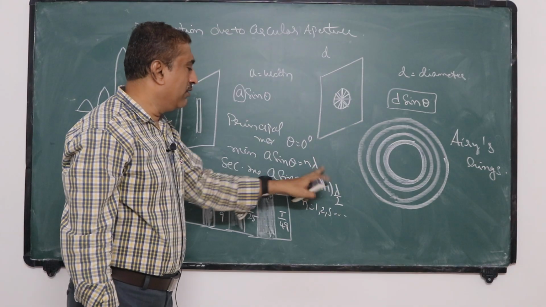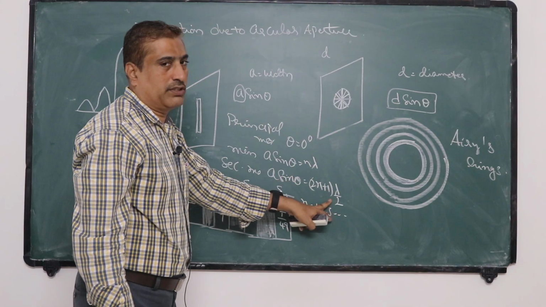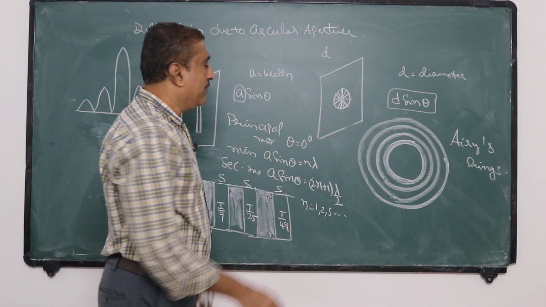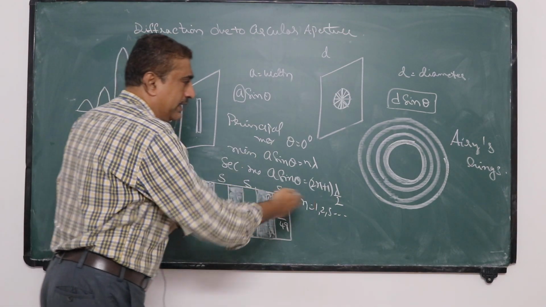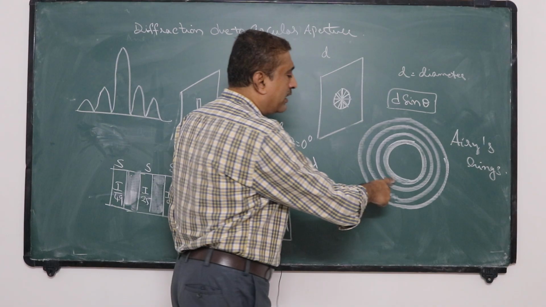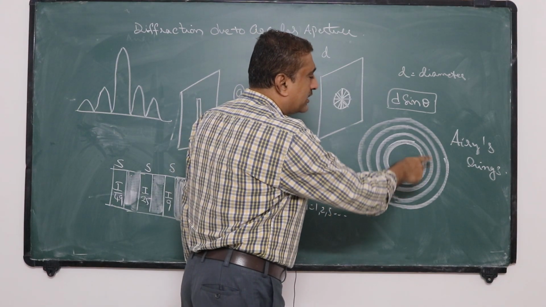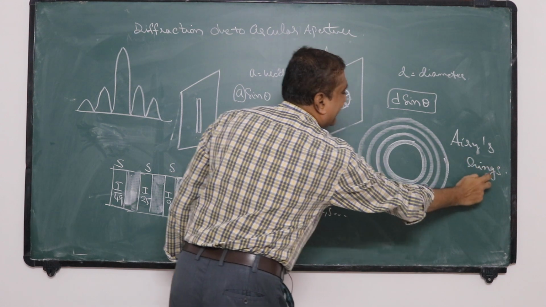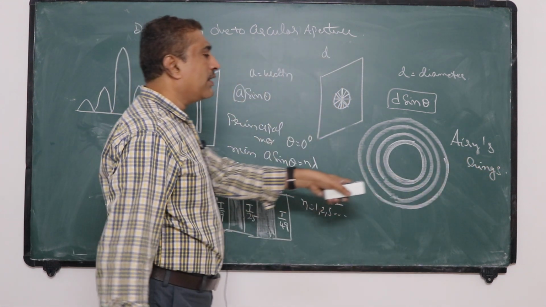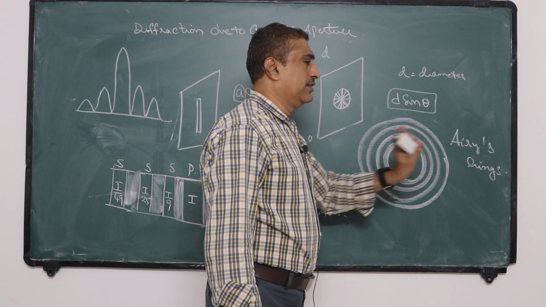So d sin theta equal to n lambda, d sin theta equal to (2n plus 1) lambda by 2. But instead of alternate bright and dark bands, we get alternate bright and dark circular rings like this, and these rings are called Airy's rings. So you have to remember these conditions.